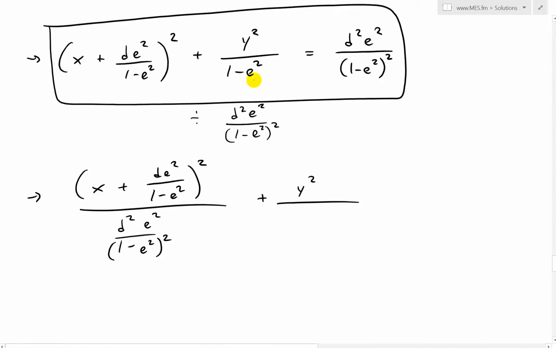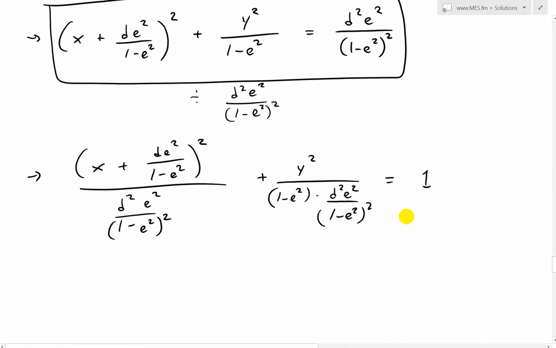And then this one here, we're dividing this out. Since this one's at the top, this one's going to cancel there. I'll just write that for completeness's sake. This is going to be 1 minus e squared, and then divided by d squared e squared over 1 minus e squared, equals, well, 1, because we're just dividing it all out.